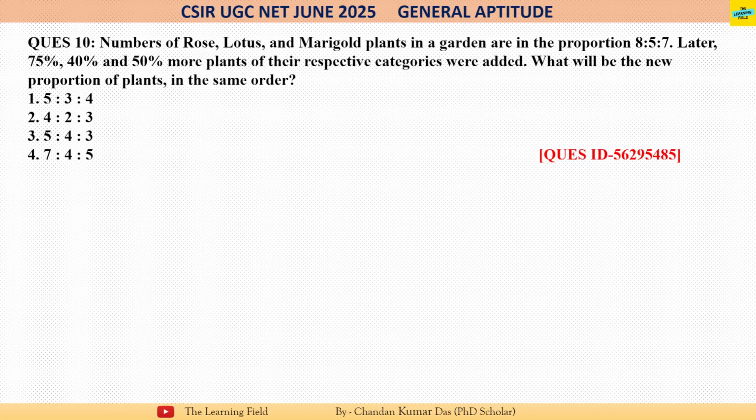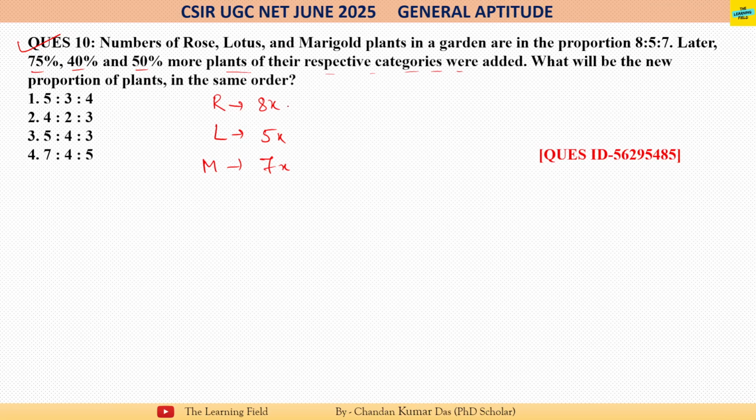Question number 10. It says that the numbers of rose, lotus, and marigold plants are given in the ratio 8x, 5x, and 7x. Later 75%, 40%, and 50% more plants in the respective categories are added.